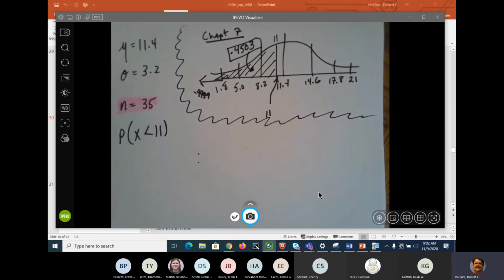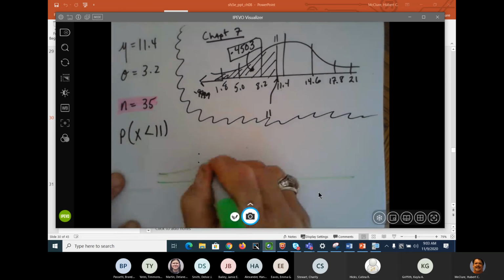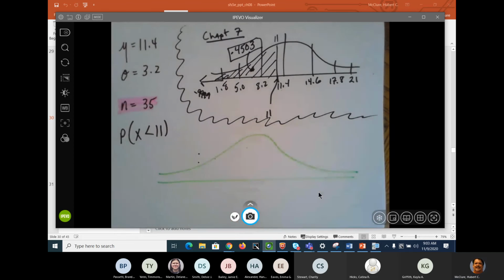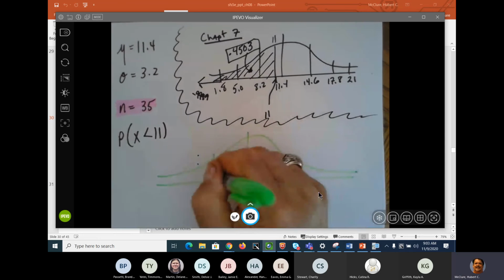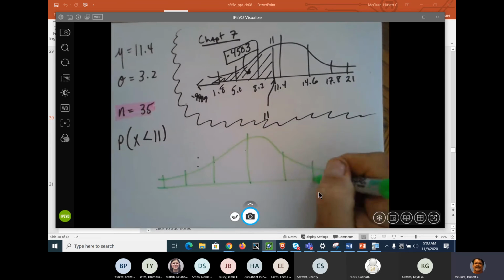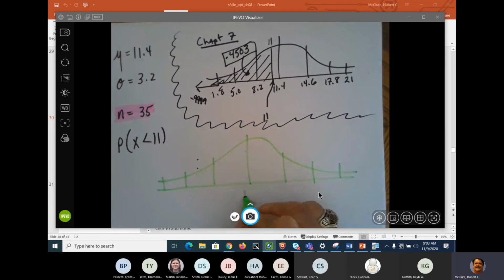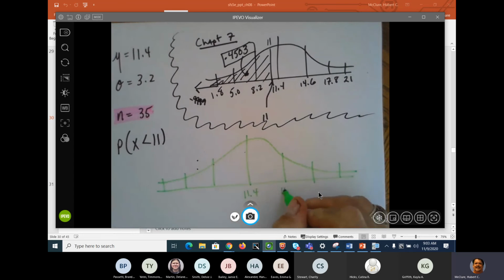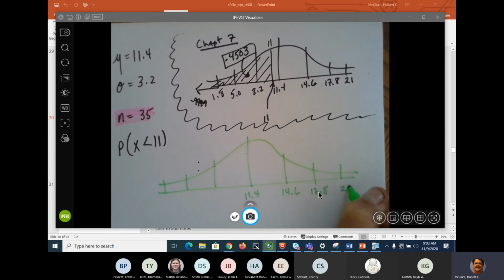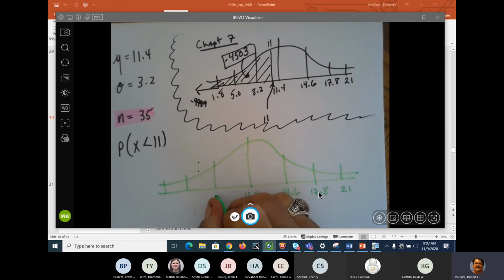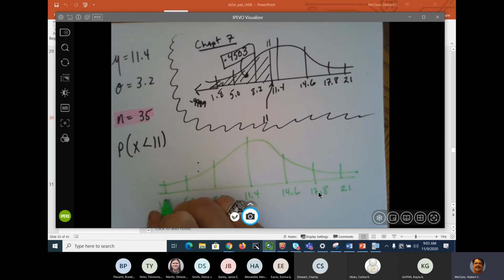Now we're going to do Chapter 8. We're going to do it in green. 11.4, 14.6, 17.8, 21, 8.2, 5.0, 1.8.